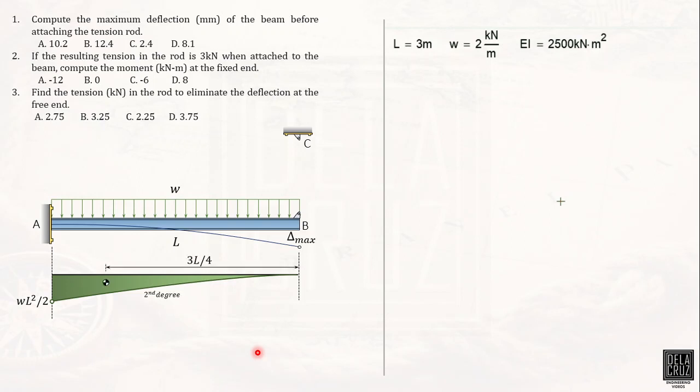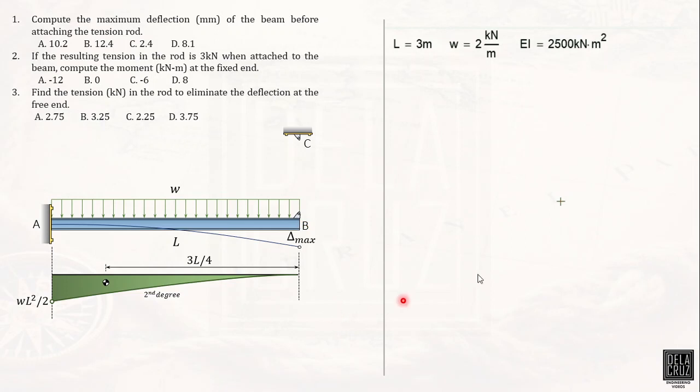To get the maximum deflection, we multiply this area by the location of its centroid relative to that specific point, and that is the deflection at the free end of a cantilever beam. If this is a spandrel, then the moment arm must be 3L over 4, or 3/4 of L. So the area multiplied by the moment arm gives the maximum deflection at the free end.